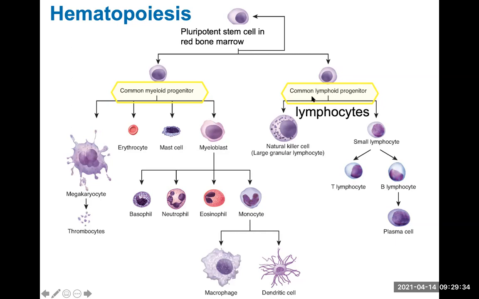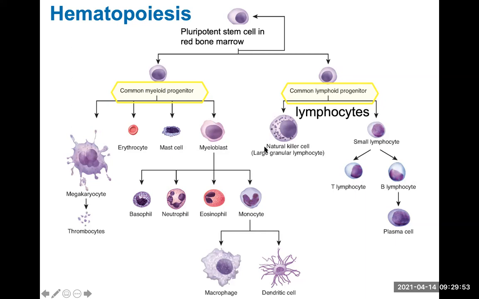Now, the lymphoid progenitor makes your lymphocytes. So that's a nice name, right? Lymphoid makes your lymphocytes. And the lymphocytes are going to be either a T cell or a B cell.